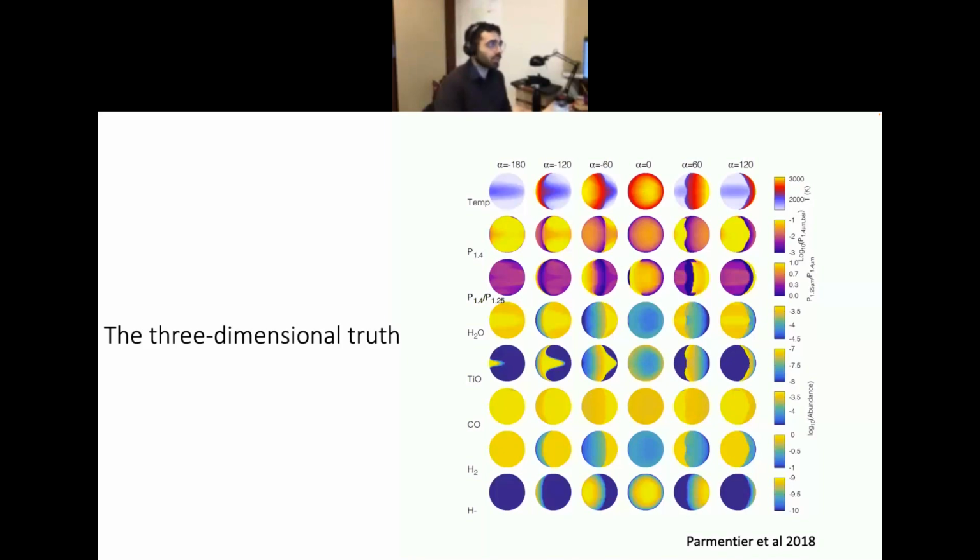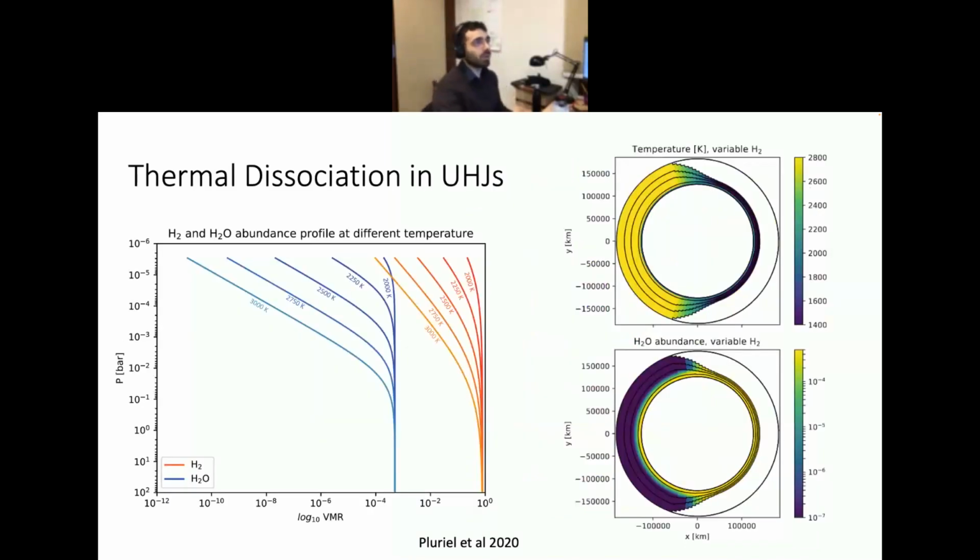An extreme case could be the one of ultra Jupiters, in which we have a great dichotomy between the day side and the night side of the planets. In ultra Jupiters, we have an extremely hot and inflated day side compared to the night side.